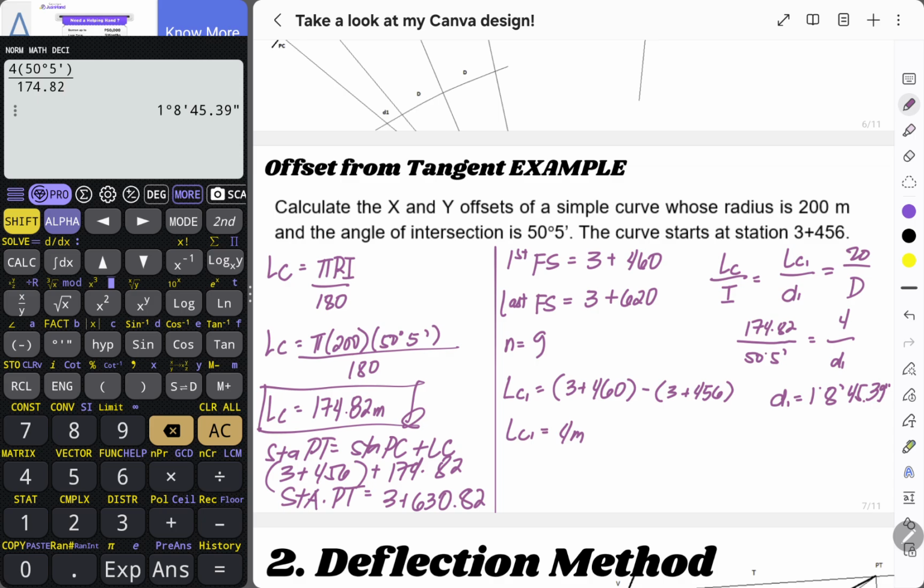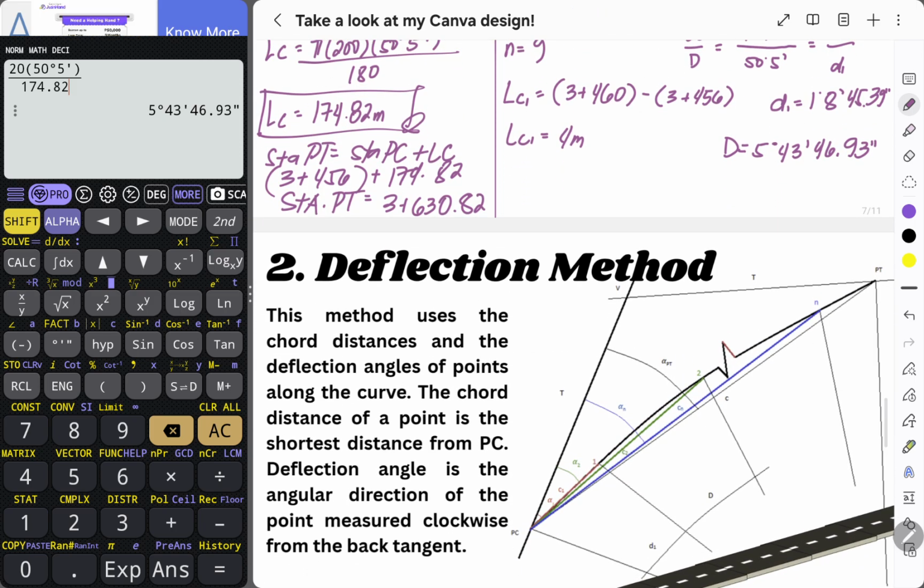For our D naman, so equivalent din siya sa D. Dito na lang. 20 over D. So, 20 times 50 degrees 5 minutes divided by 174.82. So, our D is equal siya sa 543.46.93.